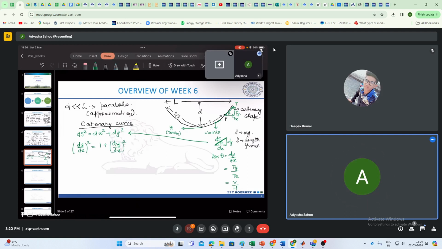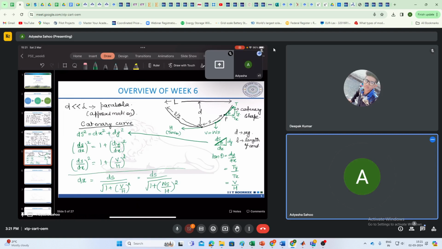From here, if I substitute dy by dx as V by H, I can get dx as basically ds by square root of 1 plus V by H square, which is the same as ds by square root of 1 plus, previously we saw that V is W into S, where W is conductor weight per unit length, right? So WS divided by H square.